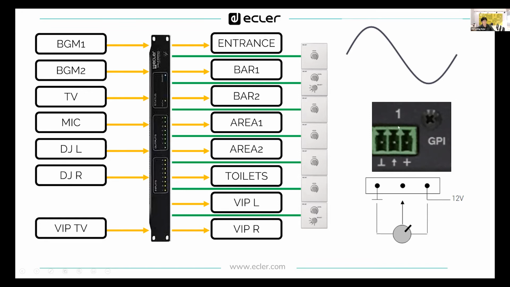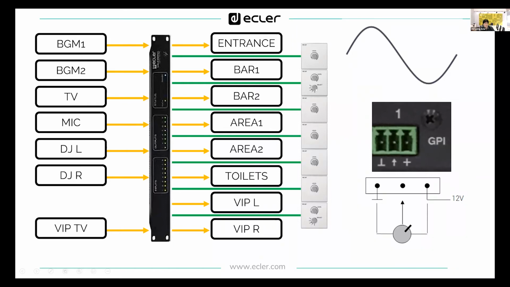Okay, so here I made a little trick, and this is not possible. Why is it not possible? Because this is a GPI, as it's a potentiometer. This is a GPI, as it is a potentiometer, and this is another GPI.